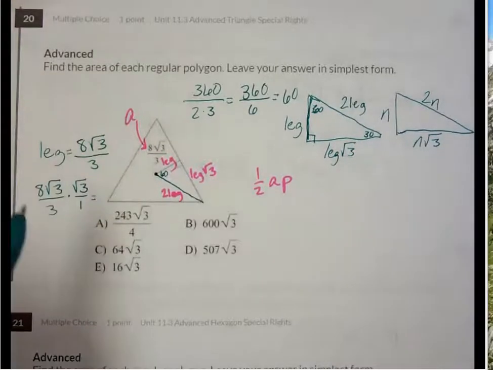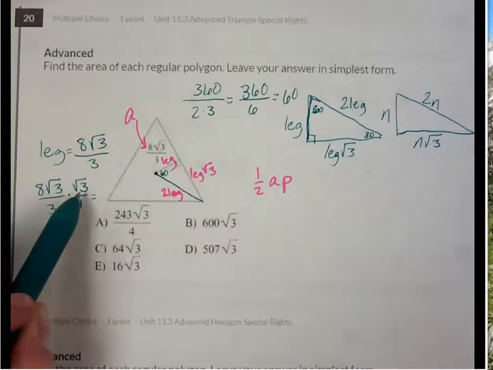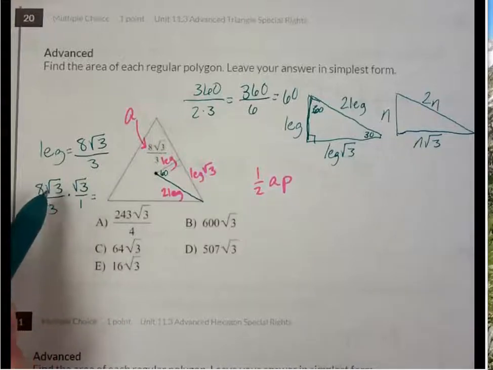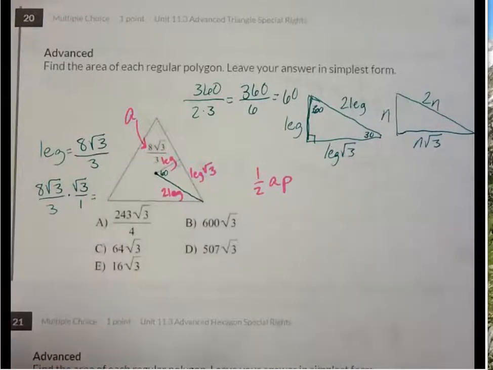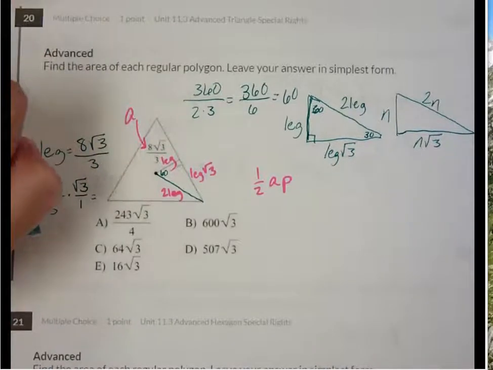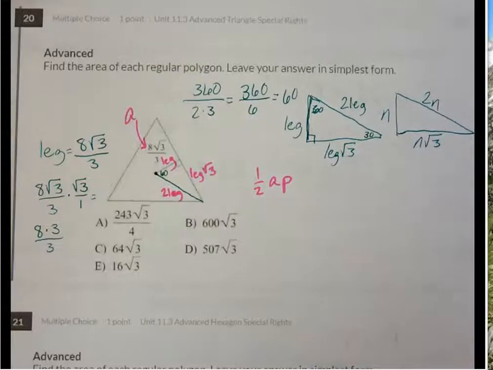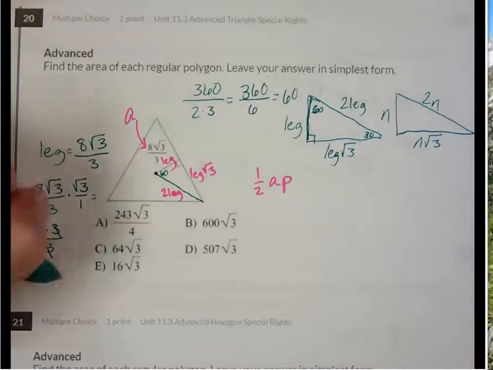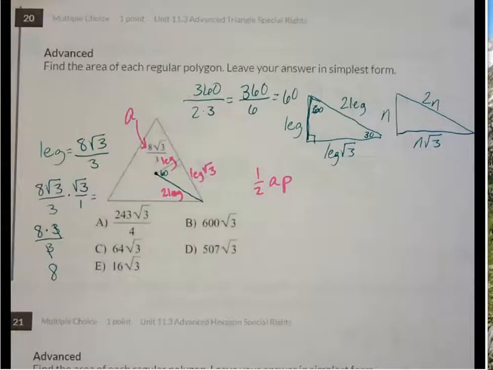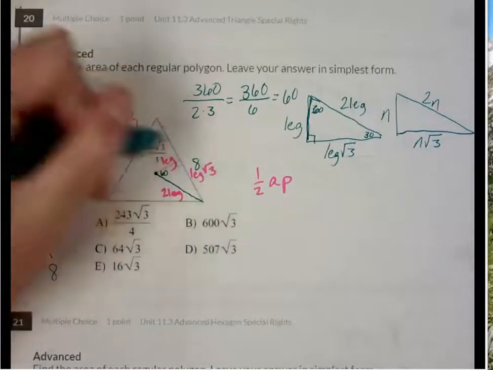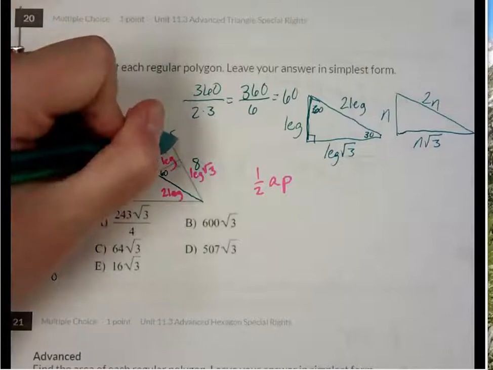So remember what happens when we take the square root of 3 and multiply it by the square root of 3. It ends up canceling out. And so you end up, I'm actually going to come down here and write it. It becomes 8 times 3 divided by 3, which is a beautiful thing because then these 3's cancel out. And so 8 is the length of this side. So 8 is the length of that half and also that half.